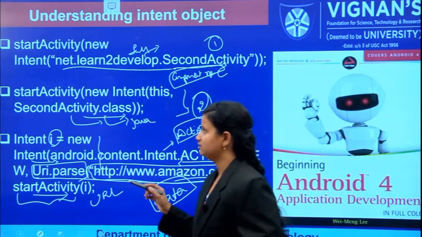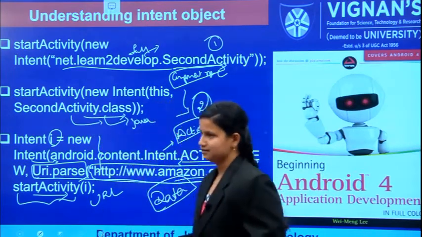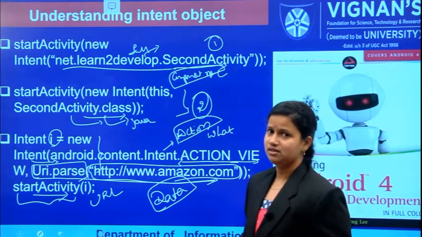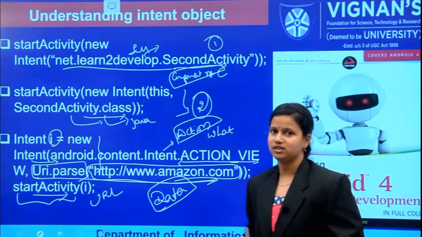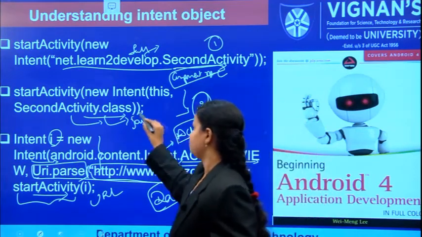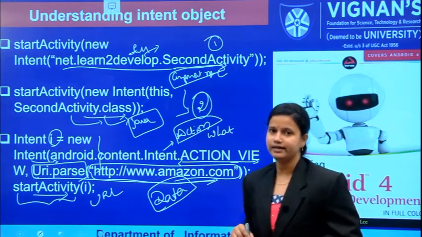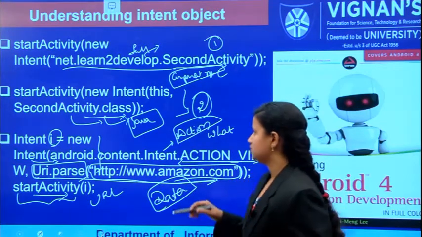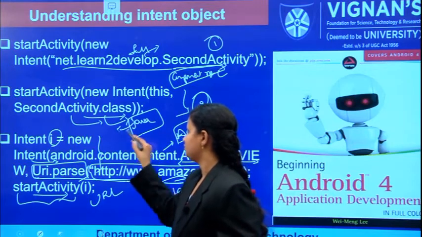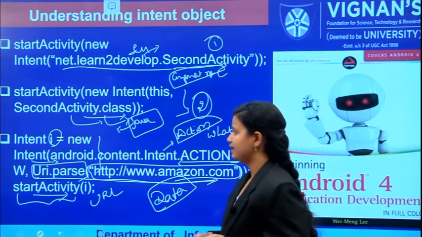The next one is startActivity(new Intent(this, SecondActivity.class)). The second way is that instead of the component name, we pass only the corresponding target Java class name, the Java file, in startActivity.